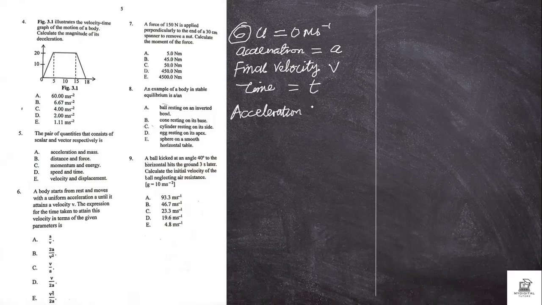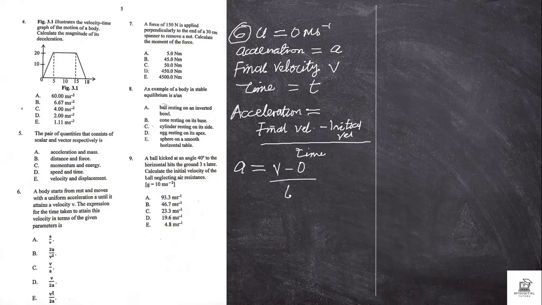Acceleration is the change in velocity all over time, which is equal to final velocity minus initial velocity all over time taken. So we are given that acceleration is A, is equal to final velocity V minus initial velocity U, which is equal to 0 because the body starts from rest, so here is 0, all over time taken, which is T.